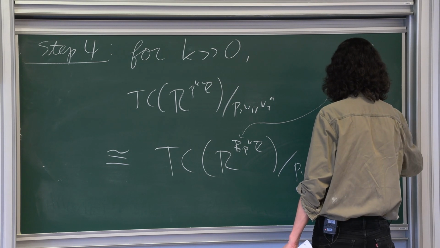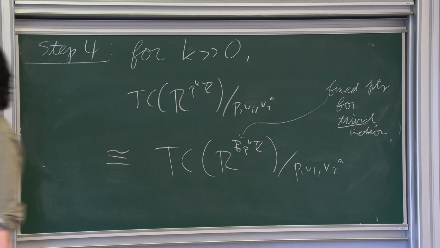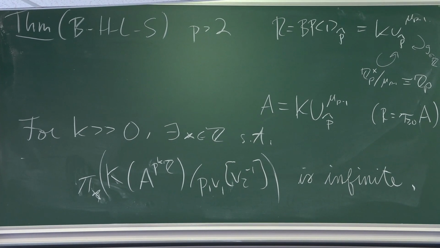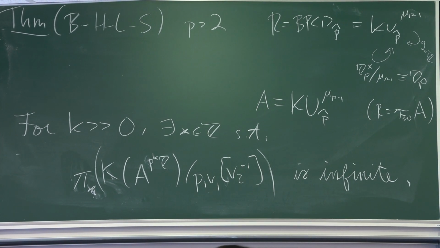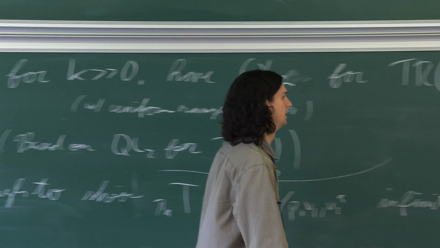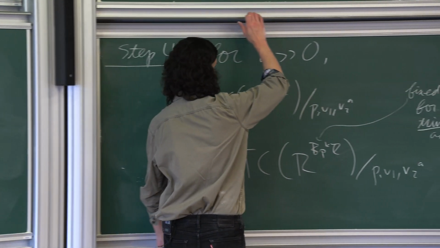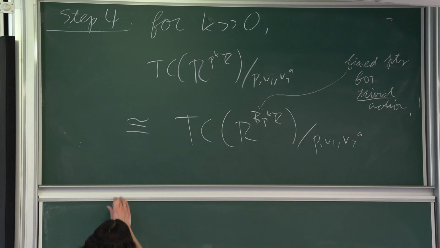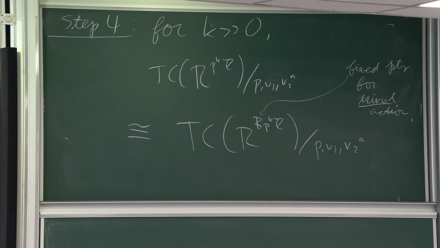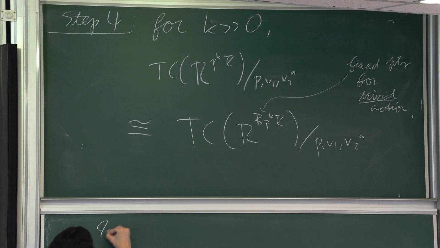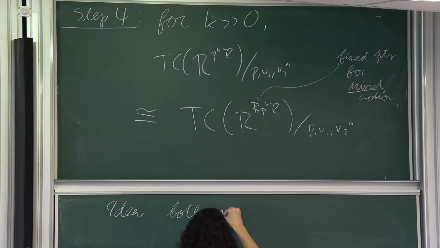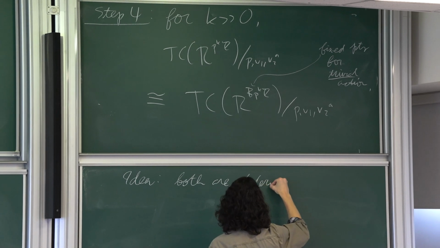So what we're going to do in this step is trade this non-trivial action, essentially by Adams operations, for a trivial action, which will be easier to analyze. And the idea of this is that both are finitary, are determined by finitely many data.